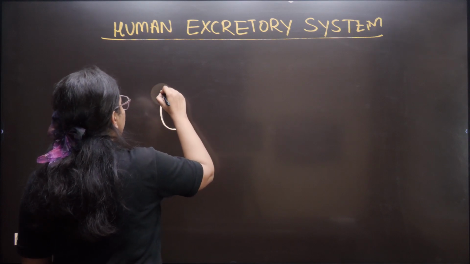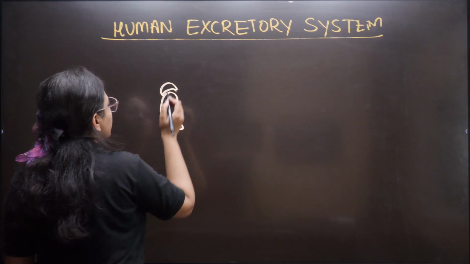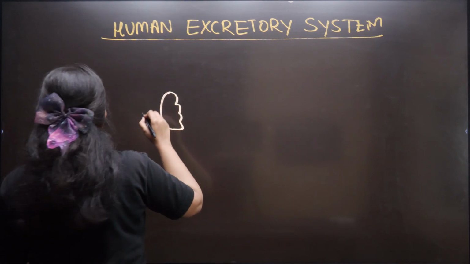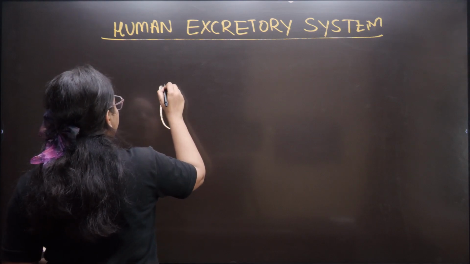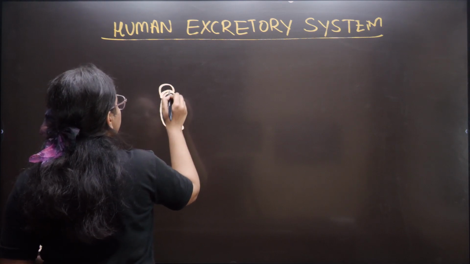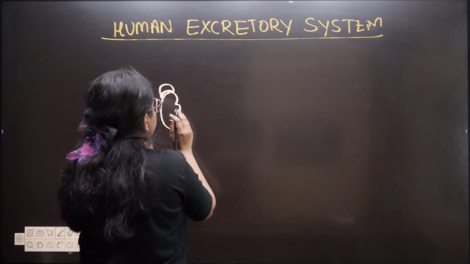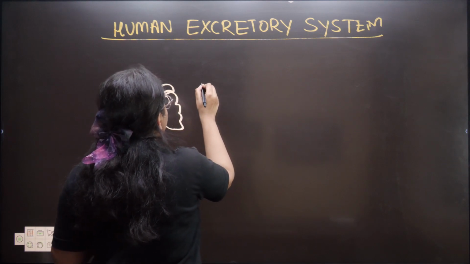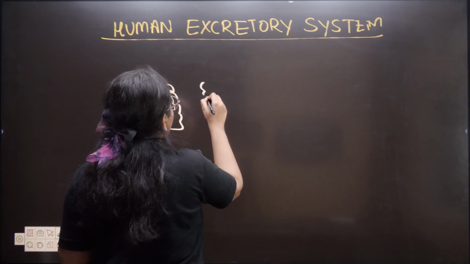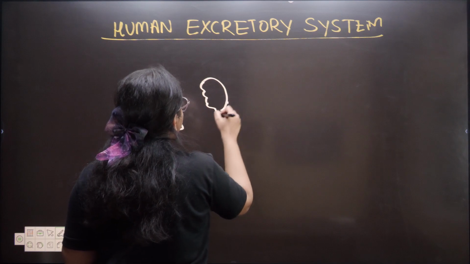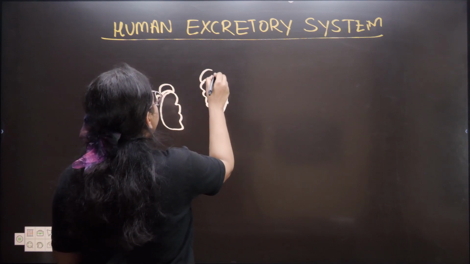So one kidney, and you know that cap, let me make it more clear. This cap is called the adrenal gland. And then slightly up I am going to draw the other kidney.